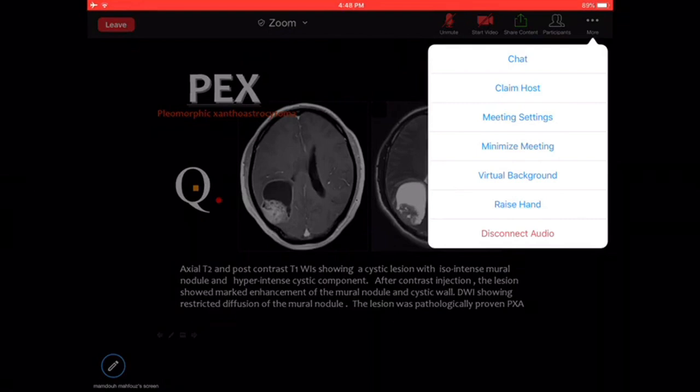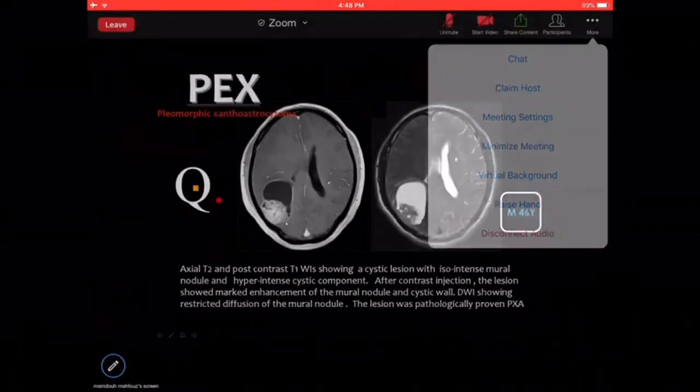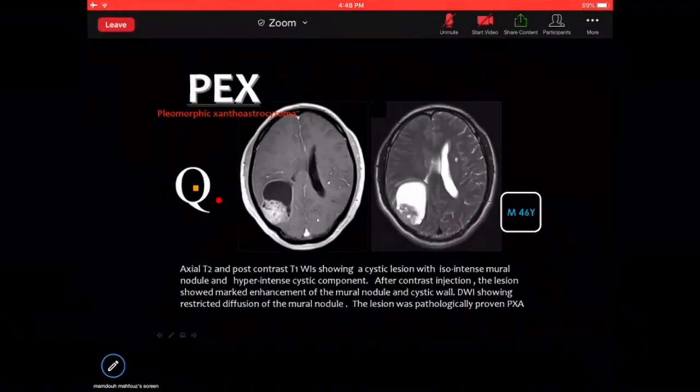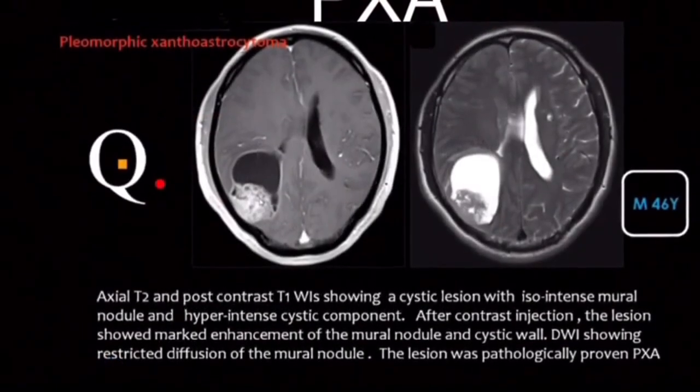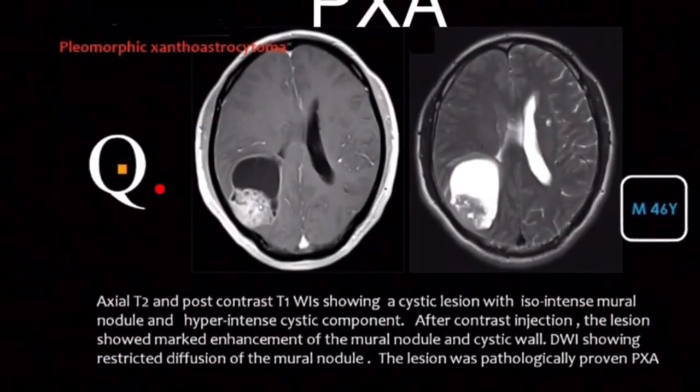In the diffusion weighted images, I said that in cases of meningioma you get diffusion restriction of the solid component. Up to now, this was not accurate information, because some of the nodules of the PXA may show diffusion restriction.